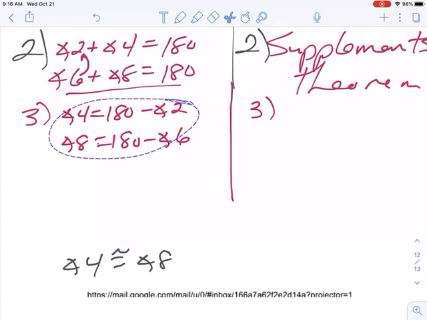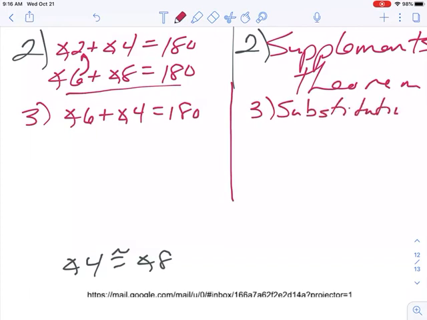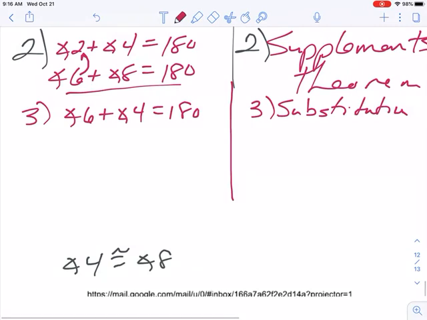Let's get rid of this. Edit, delete. All right. So angle 6, I'm going to do substitution. Angle 6 plus angle 4 equals 180. That's substitution. So I just plugged in where my arrow is here. I just plugged that into there. Angle 6 and angle 4 make 180.